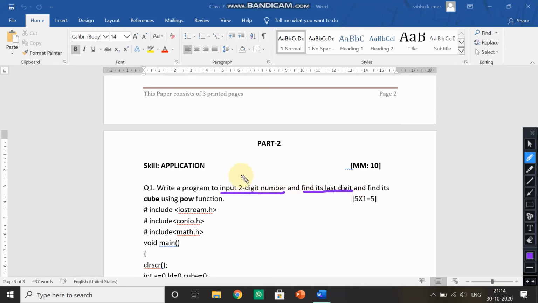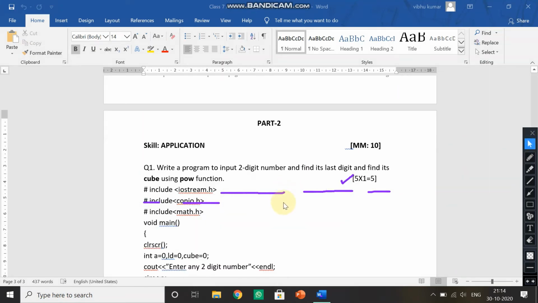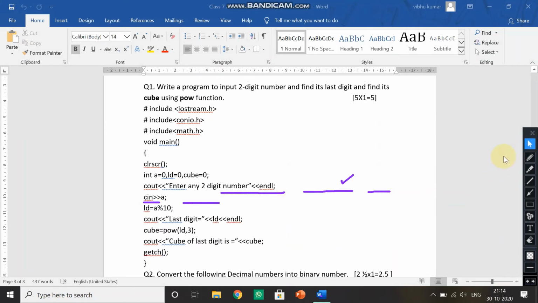Whatever number you take, from that you have to extract the last digit and find its cube. Cube of which? Of the last digit, using the power function. So 4 parts were there. Now let us see how we'll do that.